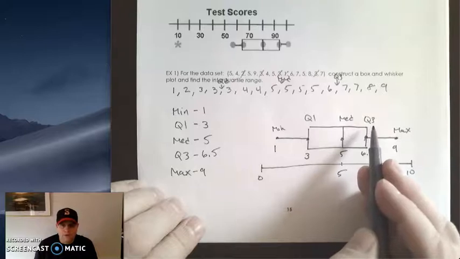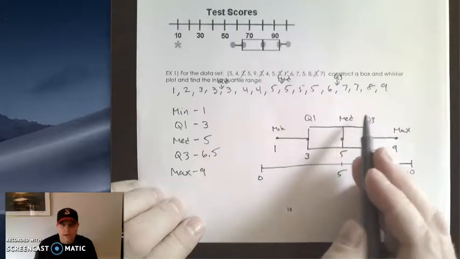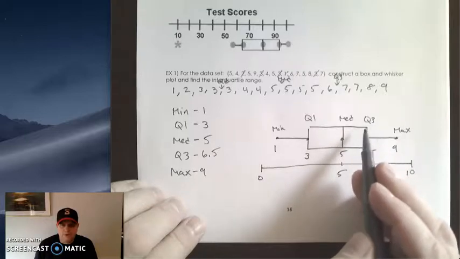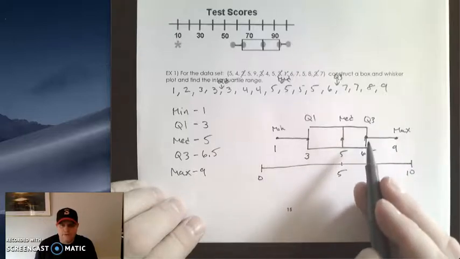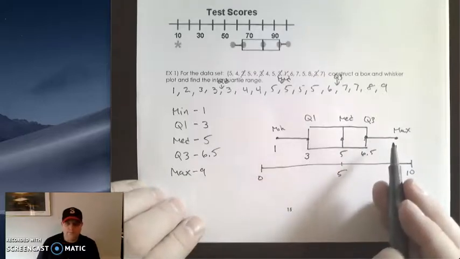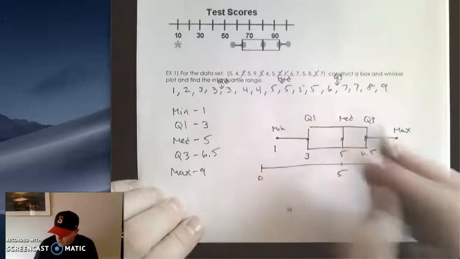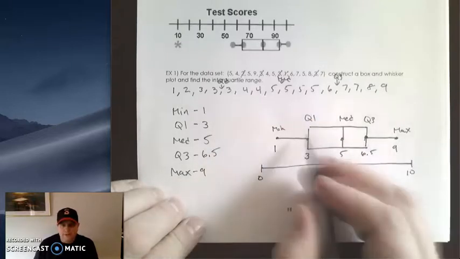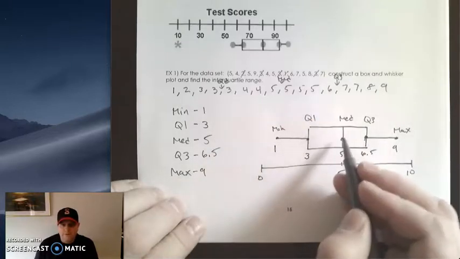The third quartile is the 75th percentile, which means that 75% of the scores are at this number, 6.5, or below it. And the maximum, of course, would be the 100th percentile. So these are basically my five-number summary for my box plot.